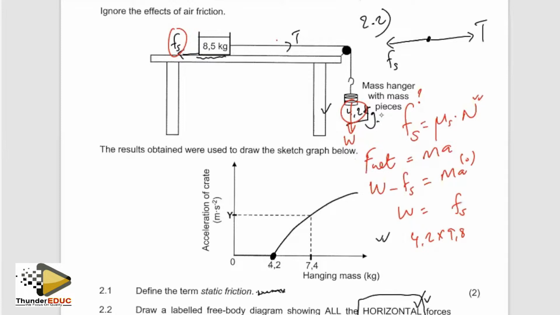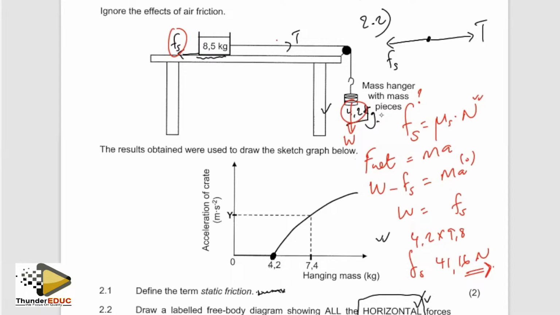So when I punch that into the calculator, 4.2 times 9.8, I end up with 41.16. Okay, 41.16 newtons. Now this is going to be our Fs.